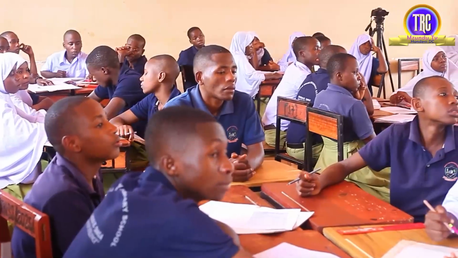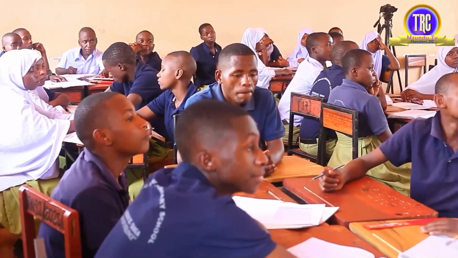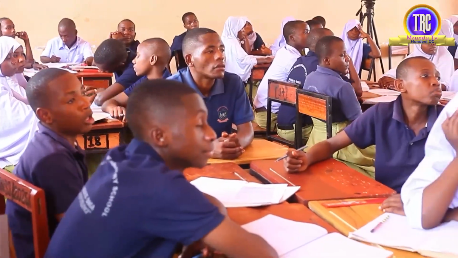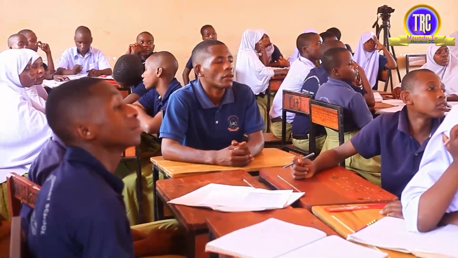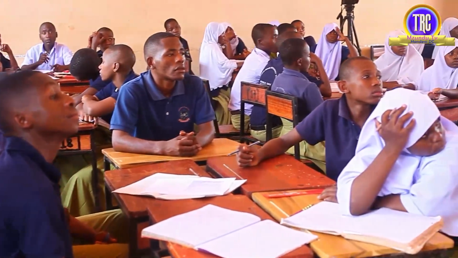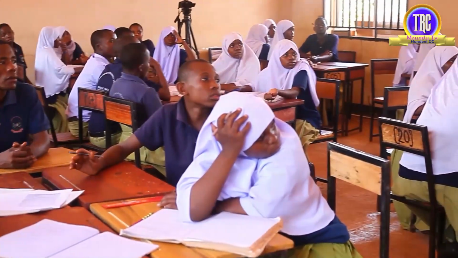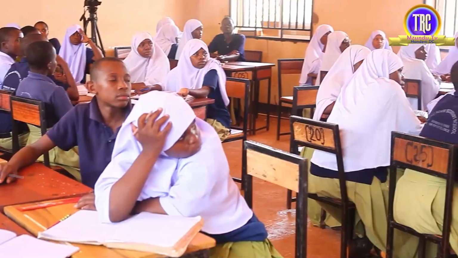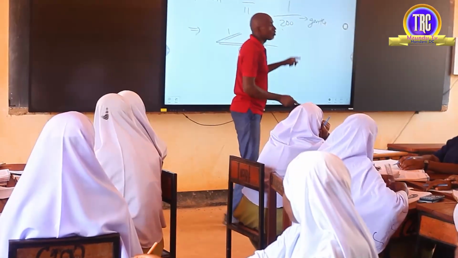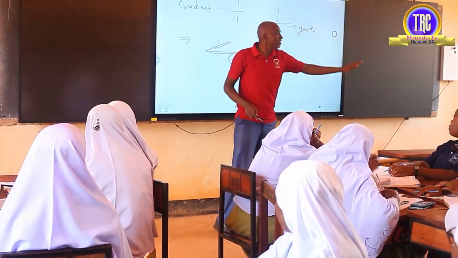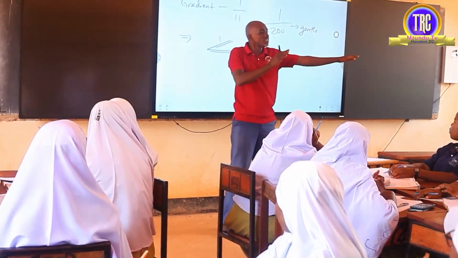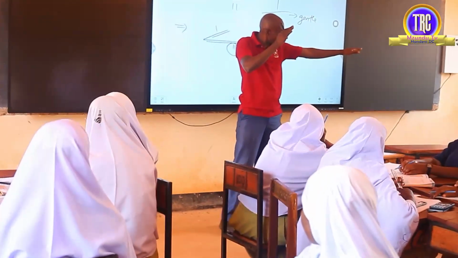That's why we use the horizontal equivalent and the vertical interval. So here the vertical rise is 1 because you move 100 meters and there is only a rise of 1 meter. Okay?